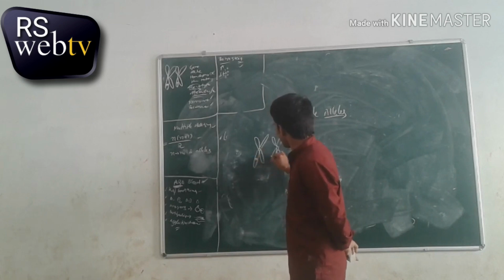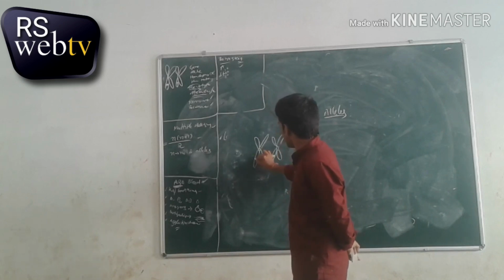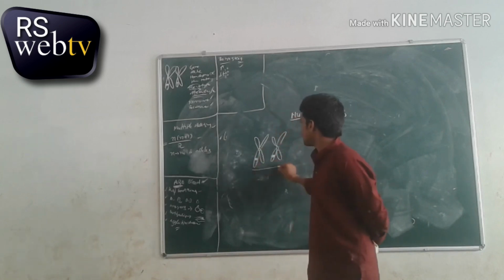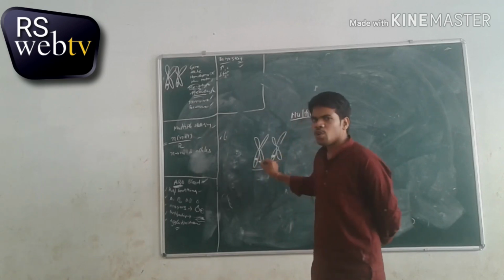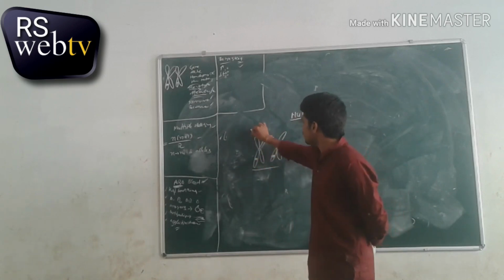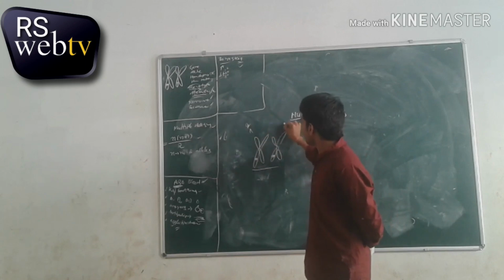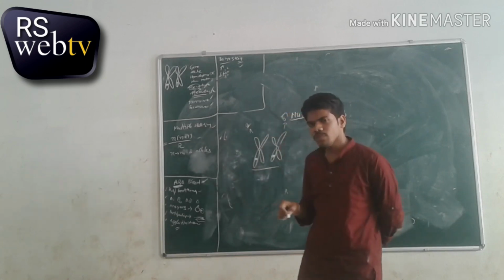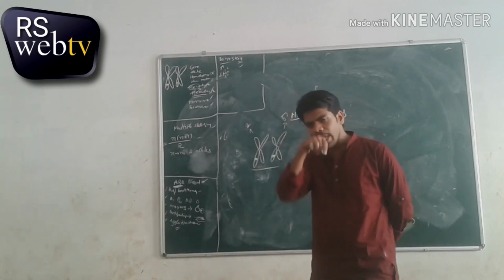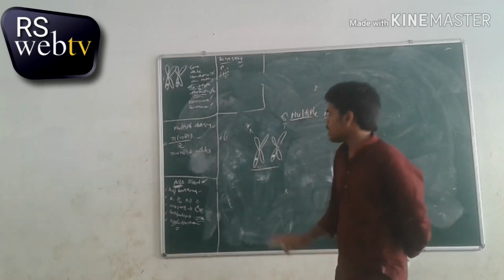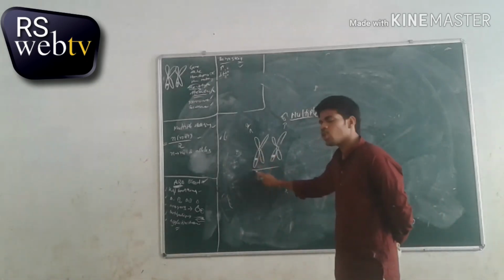This is the locus of the allele. The alternative forms, alleles: this is from mother and this is from father. So a gene has two allelic forms at the same locus of homologous chromosomes.